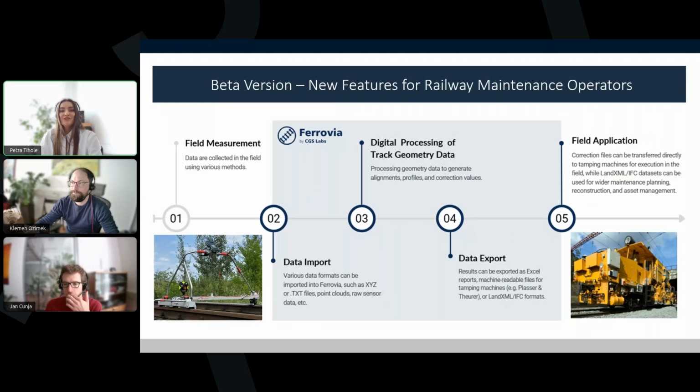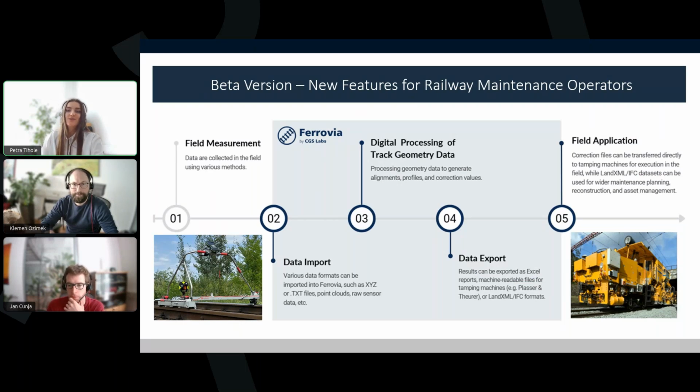Then, in addition to what I just showed you, we are also developing a fully integrated digital workflow for railway track realignment, designed specifically for railway maintenance operators. The workflow connects data collection, analysis, and preparation of corrective measures into a single process.